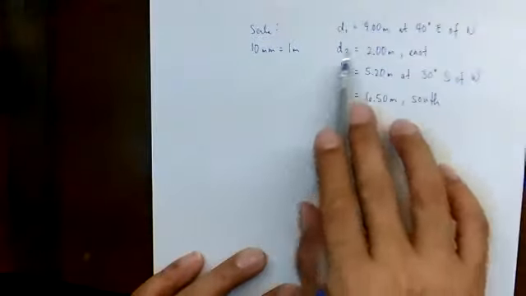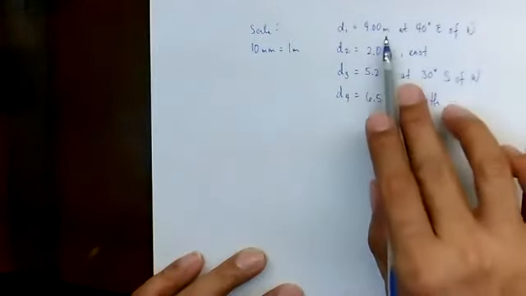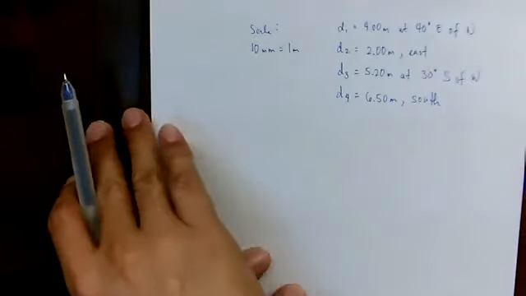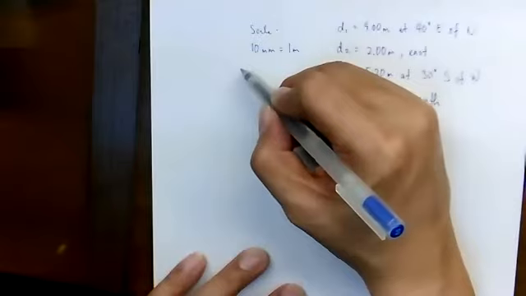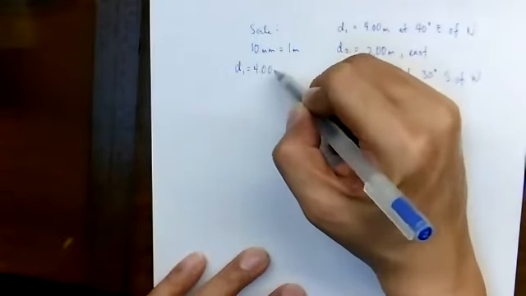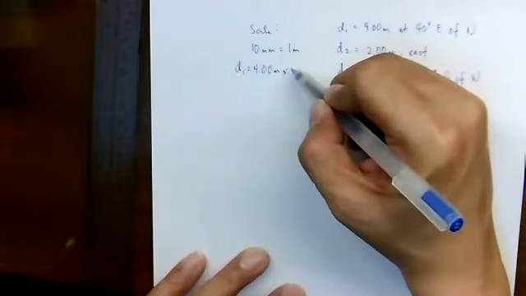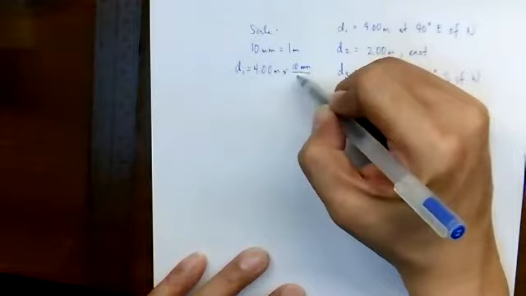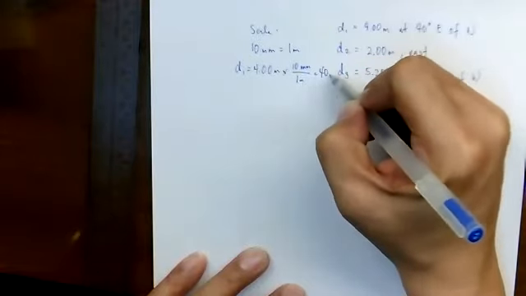We do the scaling down because from meters, we're going to scale it down to millimeters so that we can use our ruler. So D1: 4.00 meters, upon scaling down using this, you get 40 millimeters.